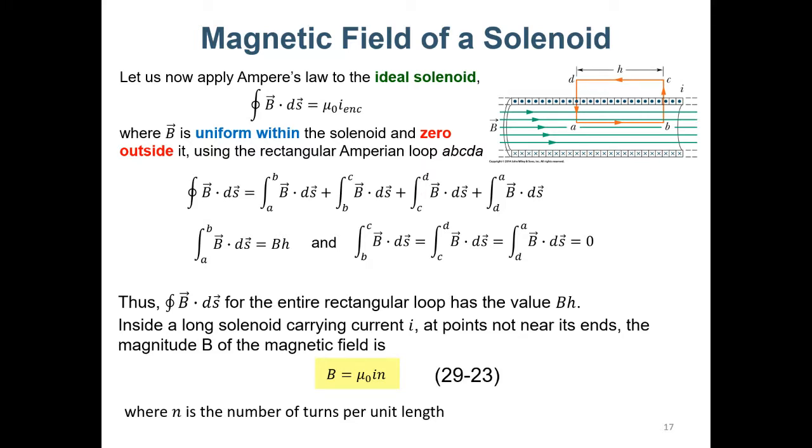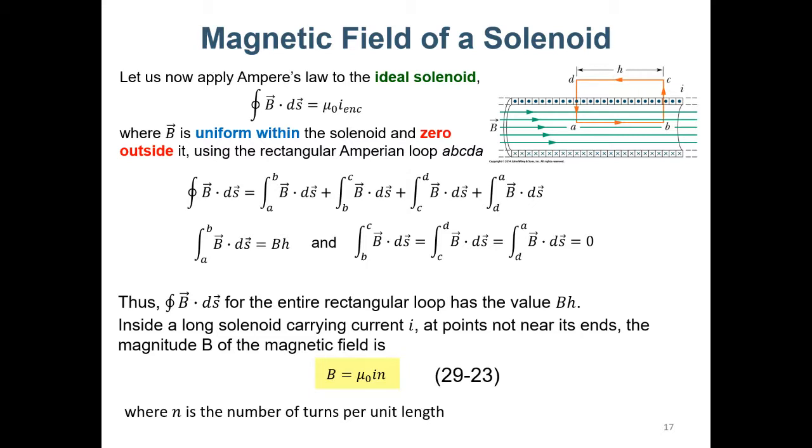So actually, we can use Ampere's law to find the magnetic field inside the solenoid. According to Ampere's law, we need to assume that B is uniform inside and almost zero outside. Actually, the magnetic field outside the solenoid will be quite weak, although not zero.